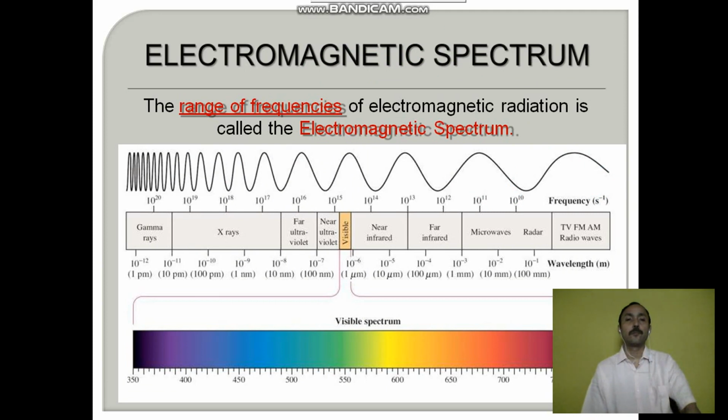So this is a range of frequencies of electromagnetic radiation, and it is known as electromagnetic spectrum. So here it is, the shortest wavelength, that means 10 to the minus 12 to 10 to the minus 11 meter, it is gamma rays. 10 to the minus 11 to 10 to the minus 8 meter, that means 10 picometer to 10 nanometer, it is the range of X-rays.